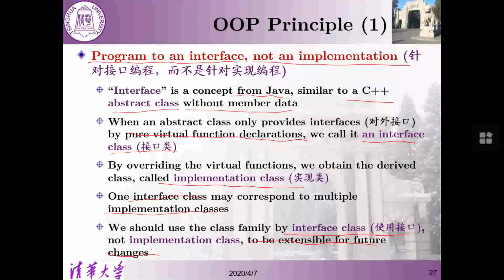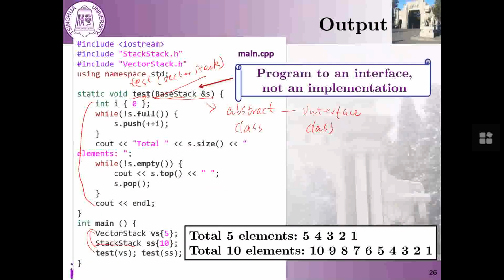What does that mean? For example, here, because we access the class hierarchy or class family by this base class or interface class, in the future, we may have another stack. For example, besides a vector stack and a stack, we may have a list stack, right? We use STL list to implement this stack.